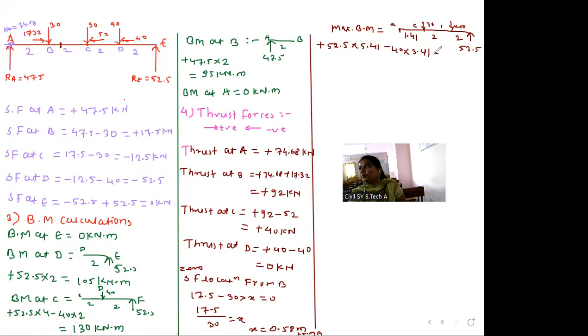After that, this 30 pushes downward, so minus 30 into 1.41. So you calculate and tell me the maximum bending moment, which is equal to how much? 105. Something went wrong, because the moment is already 130 here. Please calculate once again.